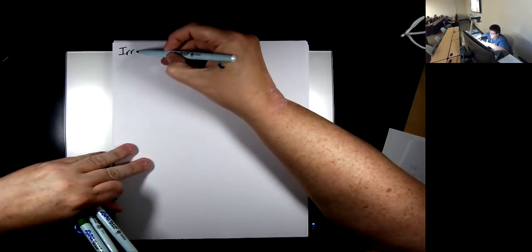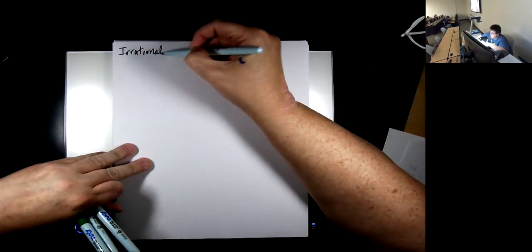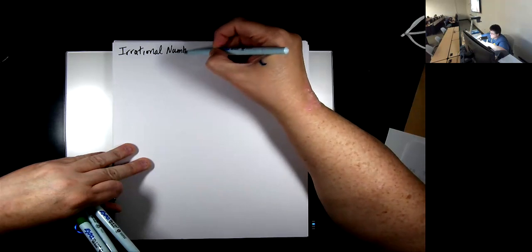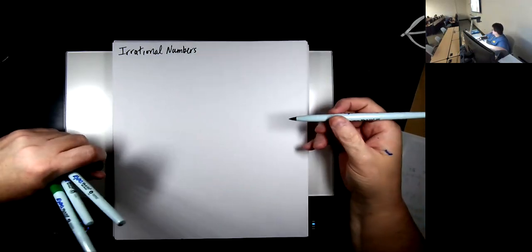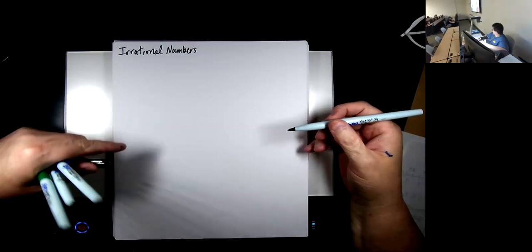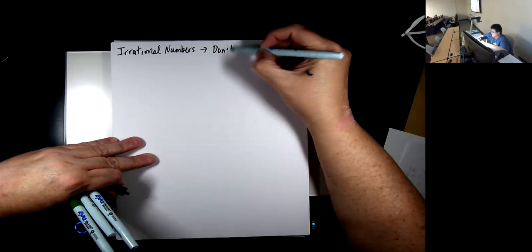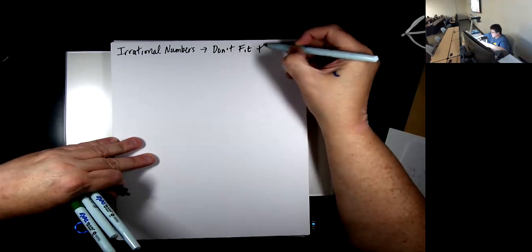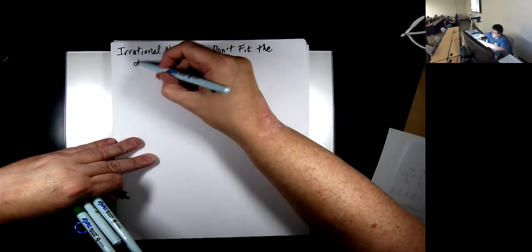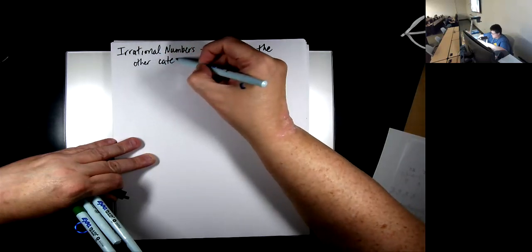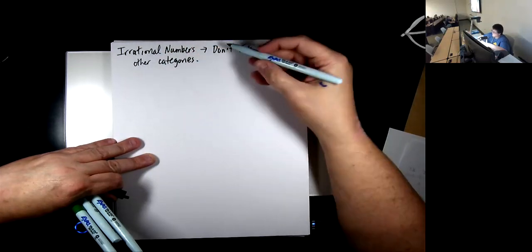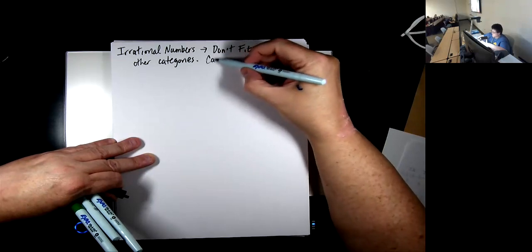So the last number set we're going to look at is the irrational numbers. They don't fit any of the other ones. They can't be written as a ratio or fraction.